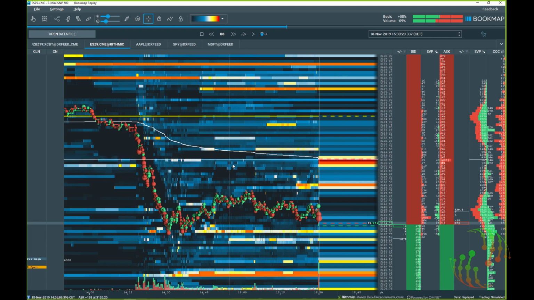You see how important it is to watch liquidity? There was nothing before. They stepped in, and exactly at the open they placed 1,500 contracts at 2050.